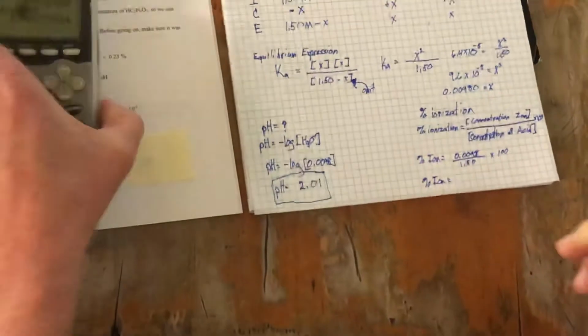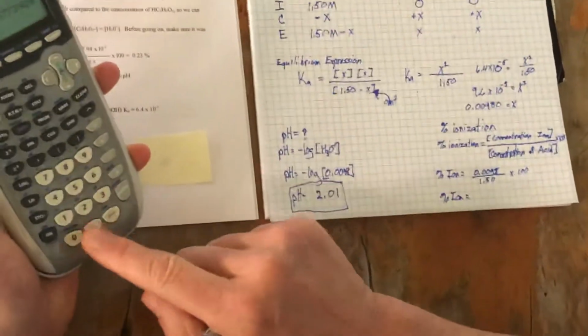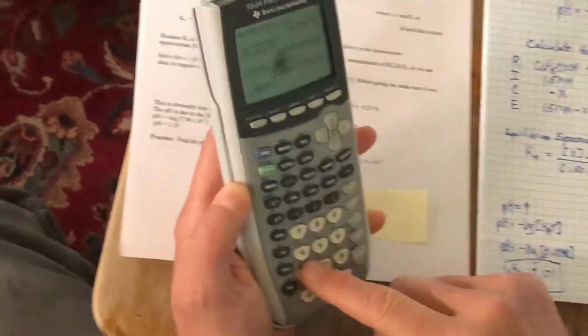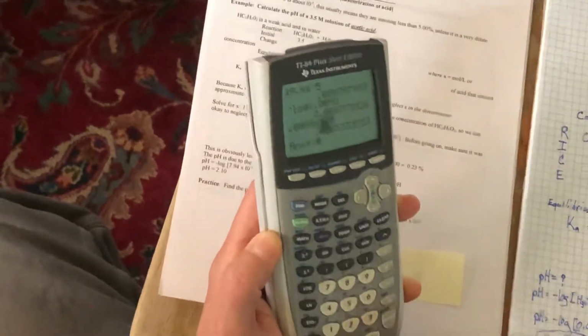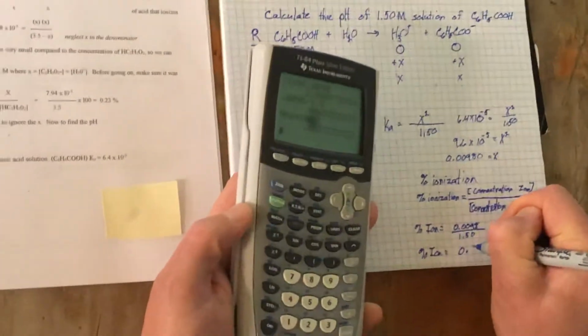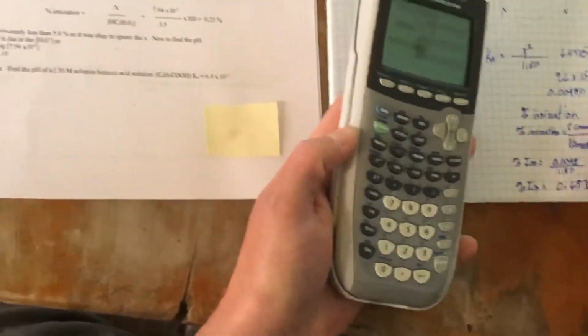That gives me my percentage of ionization. So I'm just going to go back in and check that. 0.0098 divided by 1.5, and then I'm going to multiply it by 100. When I do that, I get 0.653%.